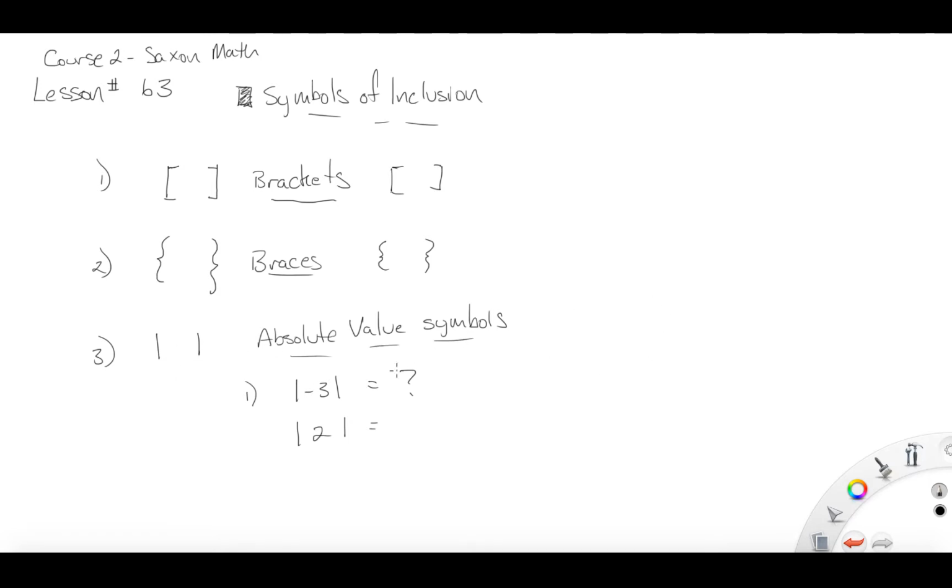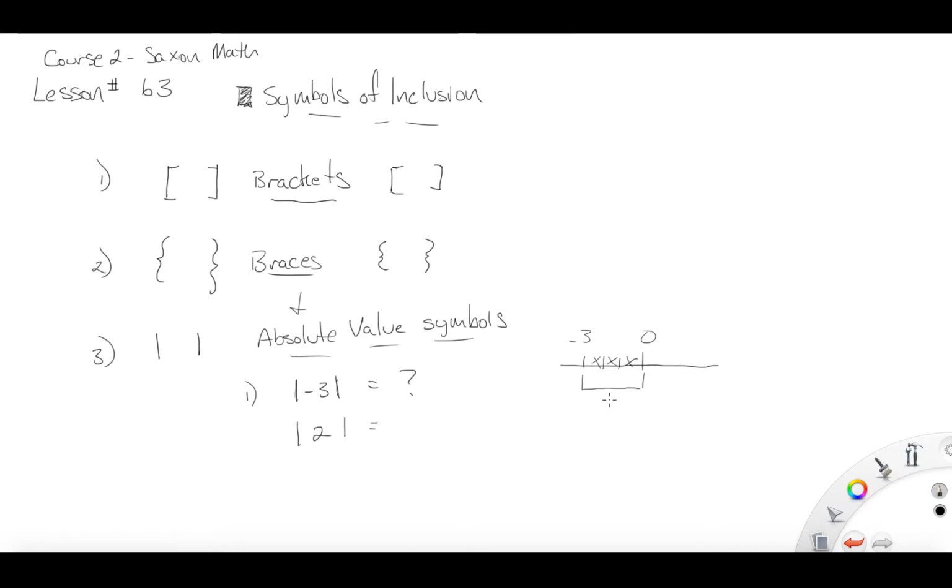We have talked about this in the past, but just to refresh your mind, if there are straight lines and it includes a -3, what it's asking is the absolute value. And remember, you have to go back to a number line. -3 is how many units from 0? Well, there's 1, 2, 3.